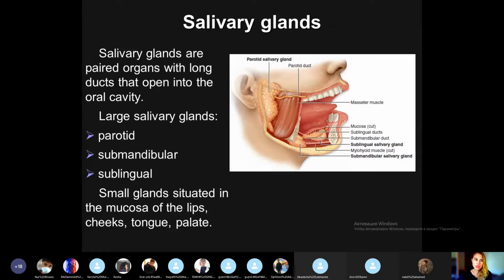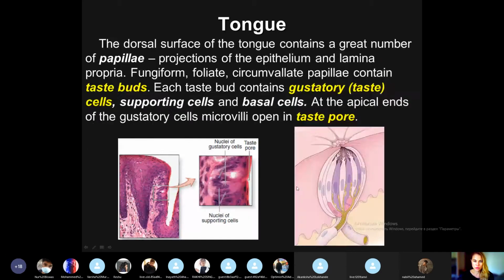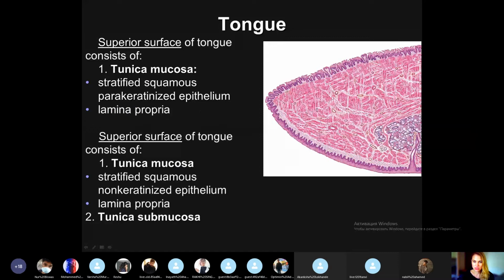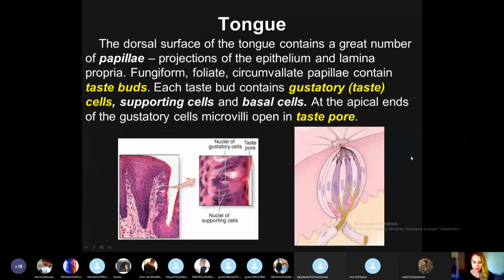So the salivary glands, according to classification, we subdivide into large and small glands. The large glands are parotid, submandibular, and sublingual. The small glands we can find in the tunica mucosa of the lips, tongue, palate, cheeks. For example, if we return back to the previous diagram, over here in the tongue we can see the small salivary gland, the secretory portion.